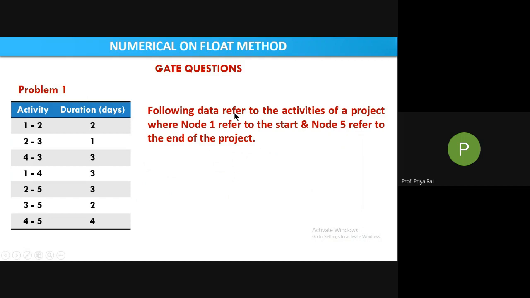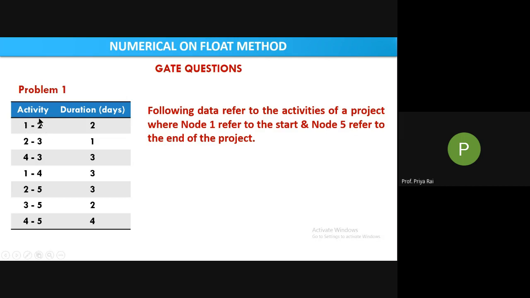The following data refers to the activities of a project, where node 1 refers to the starting of the network diagram and node 5 refers to the end of the network diagram. 1 to 2, 2 to 3, like this it's going on. So these are the nodes.